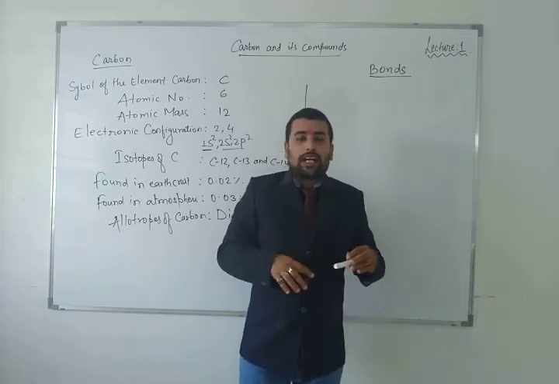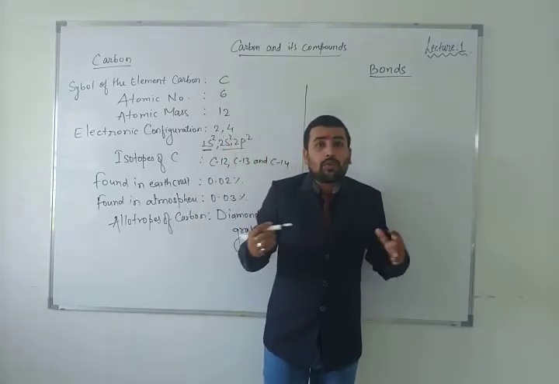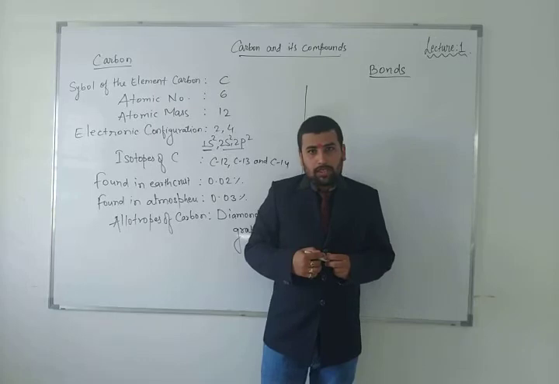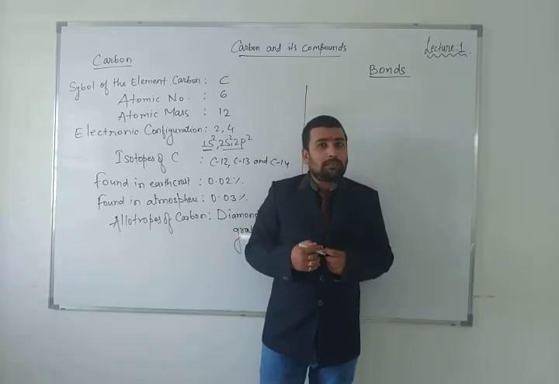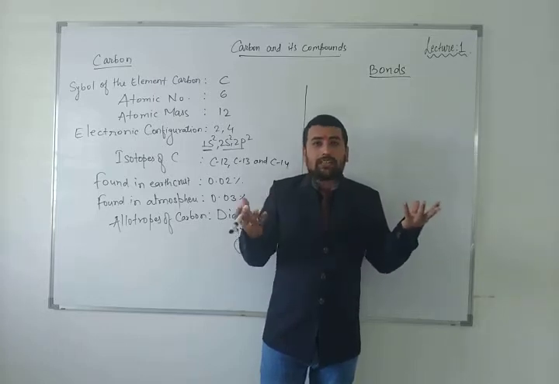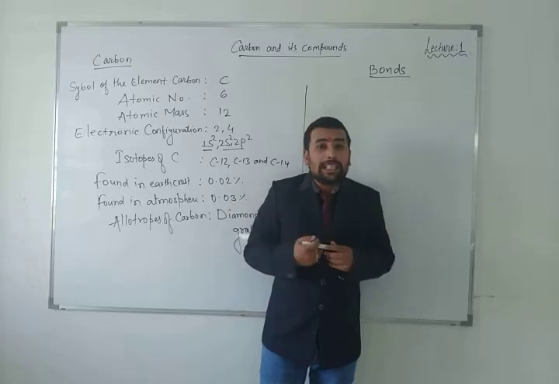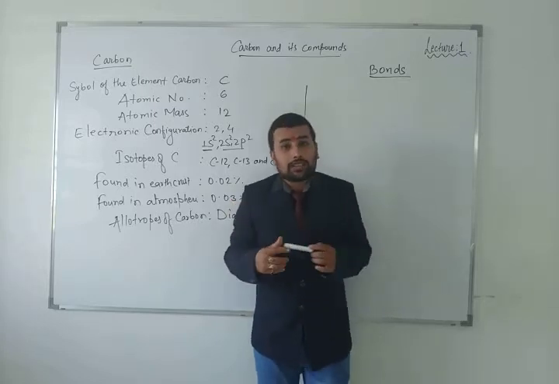Now, I am telling you what chemical bonding is. Chemical bonding is the force of attraction between two elements. Force of attraction between two elements means when one element and another element have some requirement of electrons. Why will they have a requirement of electrons? Because they need to complete their octet in the last shell.